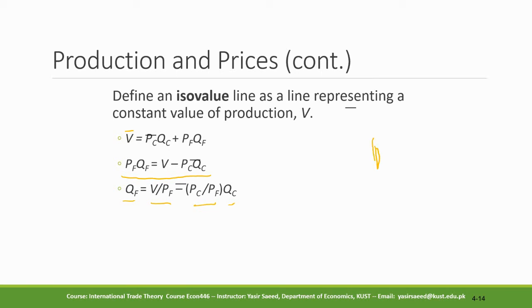We get a straight line for ISO value where value remains constant, and minus PC by PF is actually the slope of this line, whereas V by PF is actually the intercept. V by PF will be the intercept of our ISO value line.